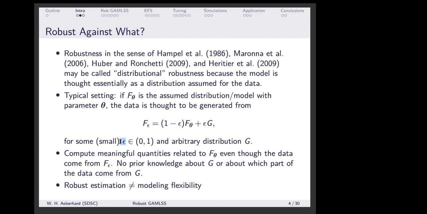If it's, I don't know, 30%, 40% of your data, you should change your model altogether, right? It's really a lack of fit that you're facing here rather than some sensitivity issue due to just a few data points. So today we will not be discussing the flexibility issue. We will really be discussing how we can compute things in a robust way for a given model, being a GAMLSS today.